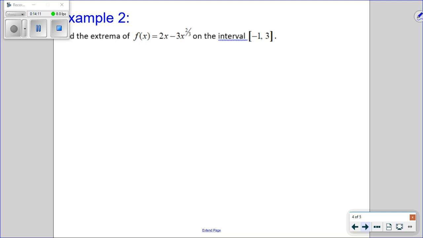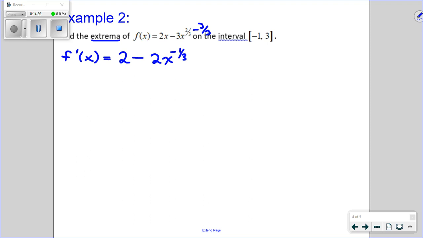But again, in order to find the extrema, we're going to start by finding the derivative, and we are using power rule, so we'll get 2 minus, well, 2/3 times 3 is 2 times x to the, remember we have to subtract 1 or 3/3, so that'll be to the -1/3 power.